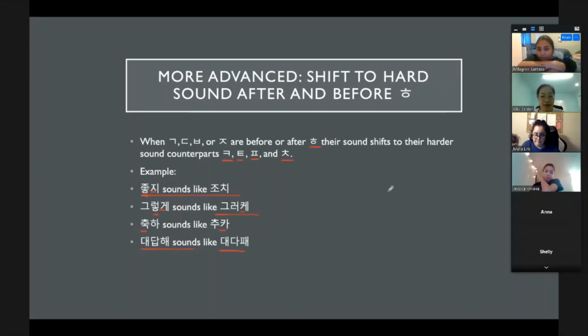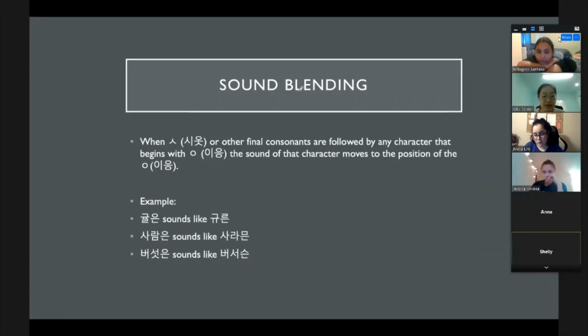Whenever you have a Korean letter like this, that's sound blending. I actually mentioned it a few times before when I was going over previous lessons.